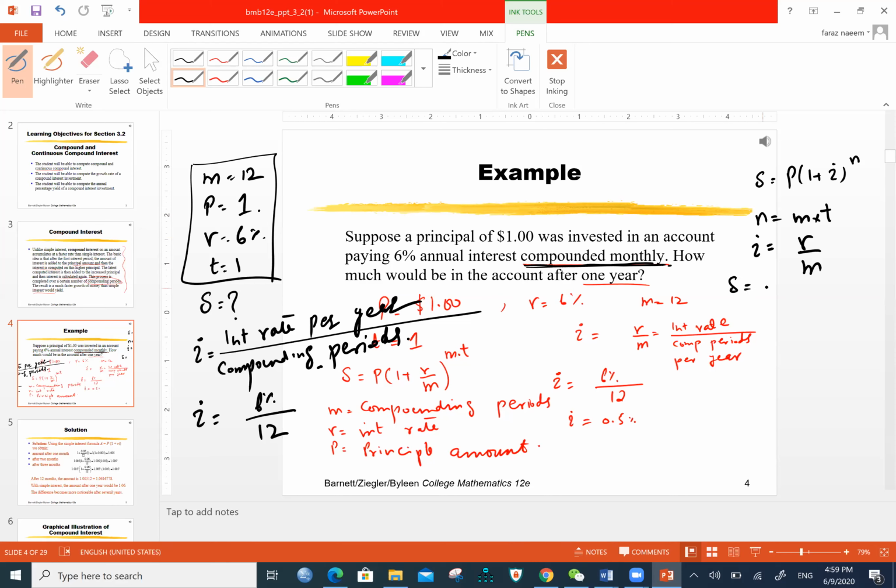It will be P is 1 plus I is R by M, which is 6% by 12, raised to power M, M is 12 and number of years T is 1. So when you solve it, you will get compound interest.